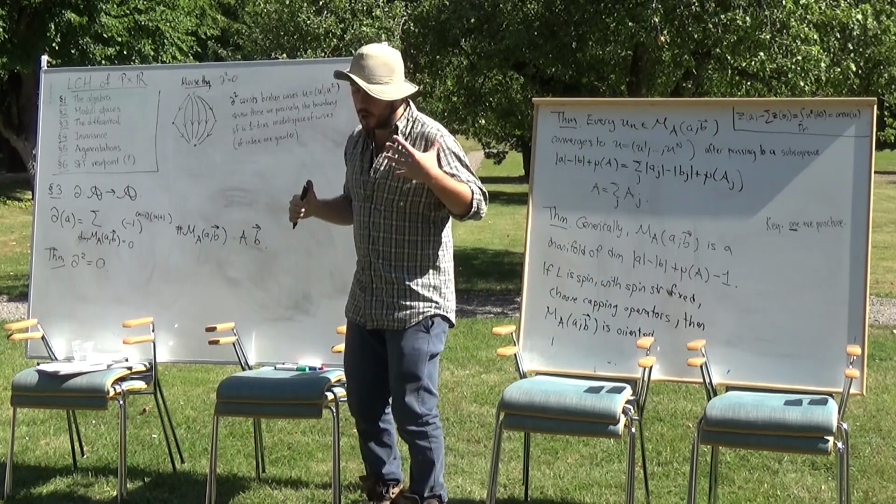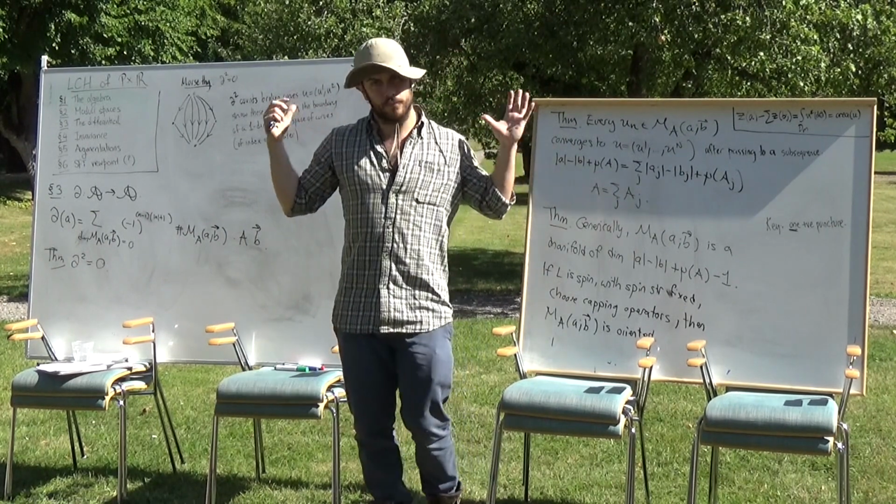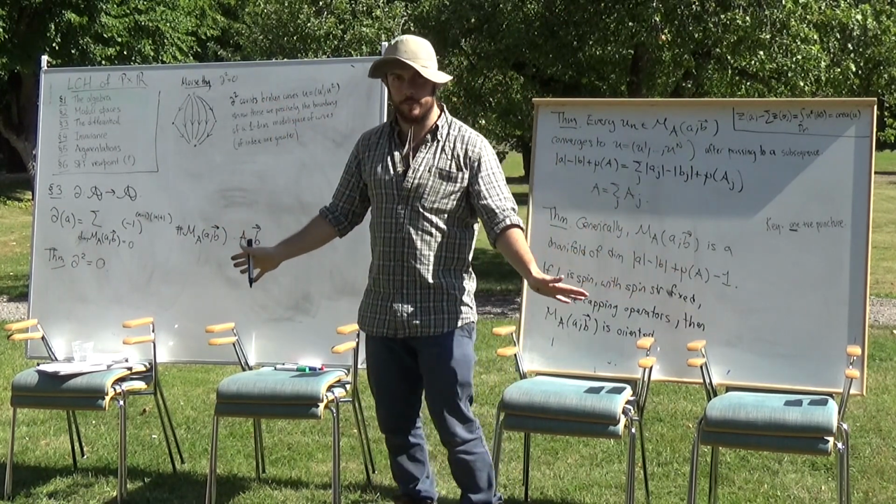And this is where your algebraic structure just goes completely bananas if you have periodic orbits, because you will have other contributions.